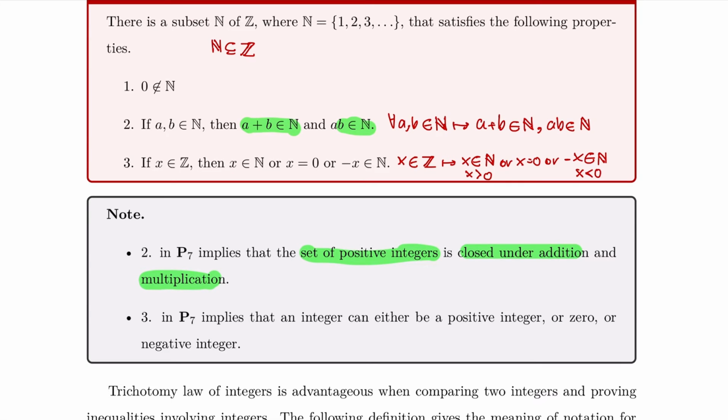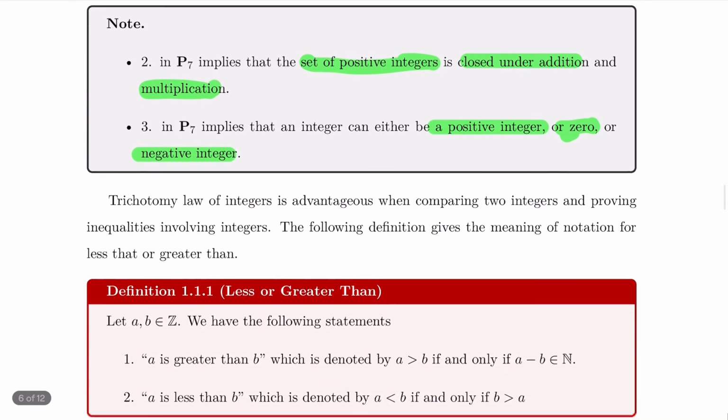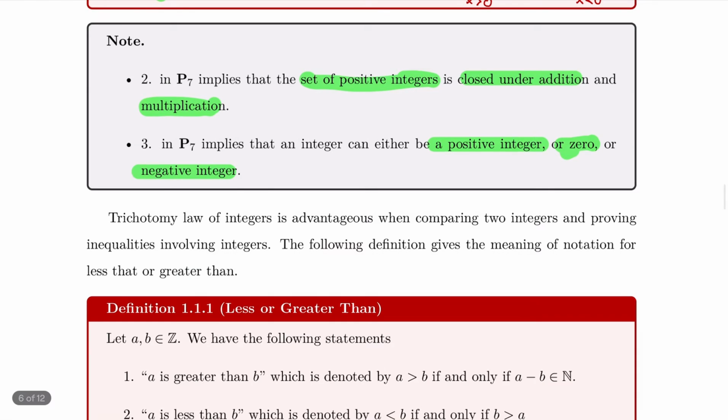And the third one, when you pick an integer, you might have a positive integer, or 0, or a negative integer. So what is the advantage of the trichotomy law? It is advantageous when you're comparing two integers and proving inequalities involving integers.